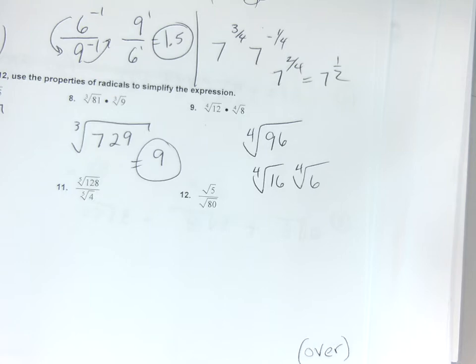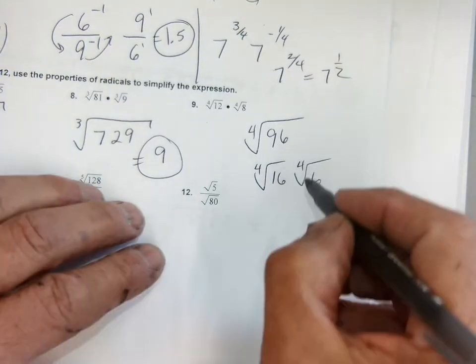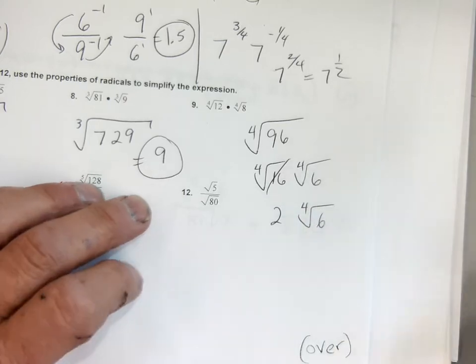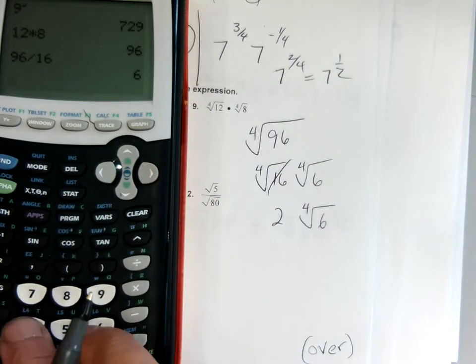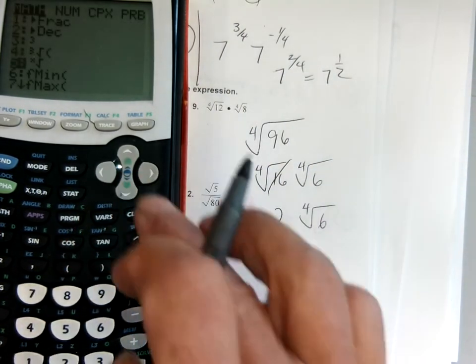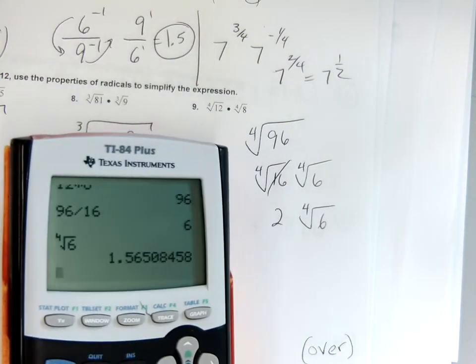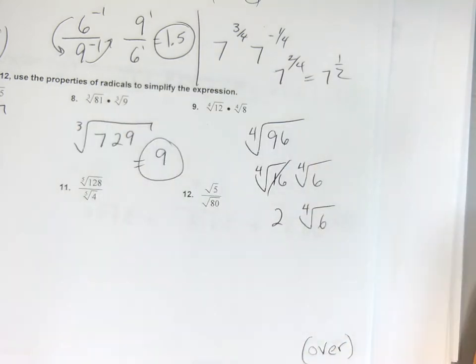So I can eliminate this and put 2, can't I? I'm stuck with this, can't do anything with it, but I can make that a 2. So I can make this 2, and then leave the fourth root of 6, because the fourth root of 6 is really a bad number. Ugly decimals, so I'm going to leave it as the fourth root of 6, okay?